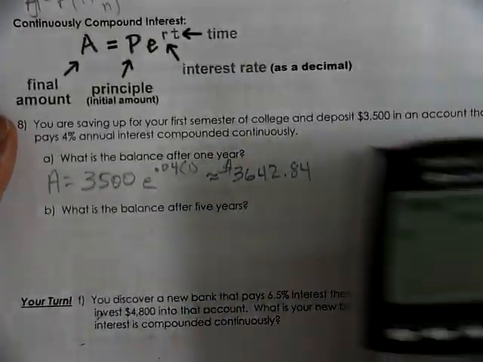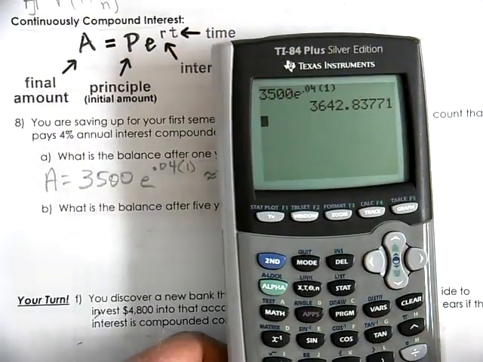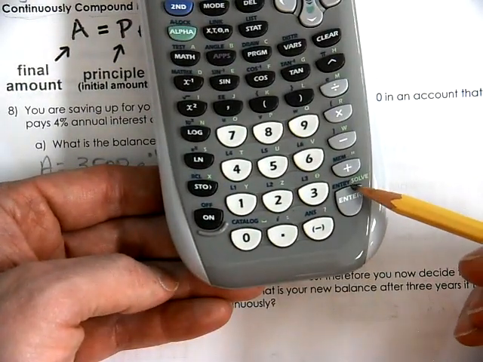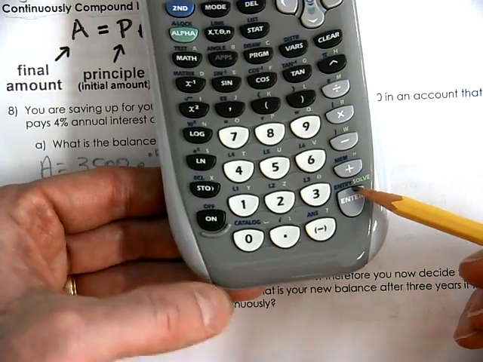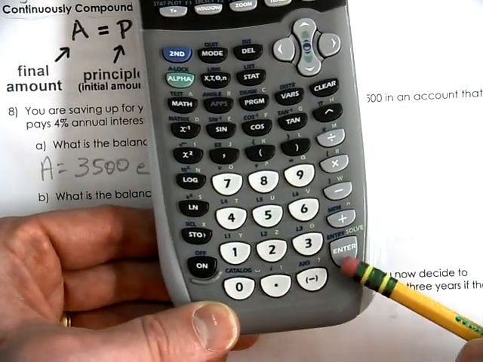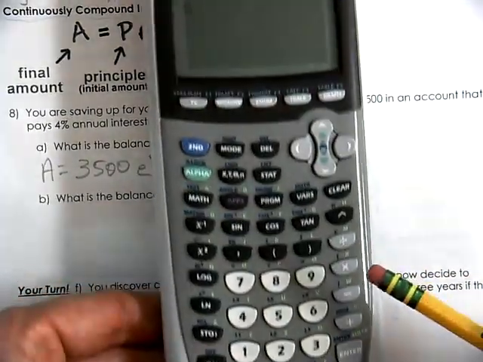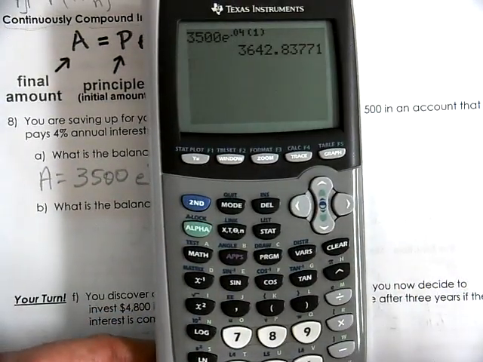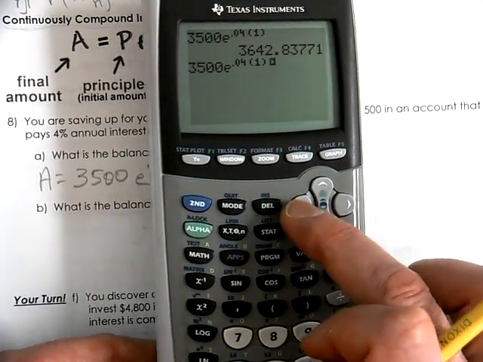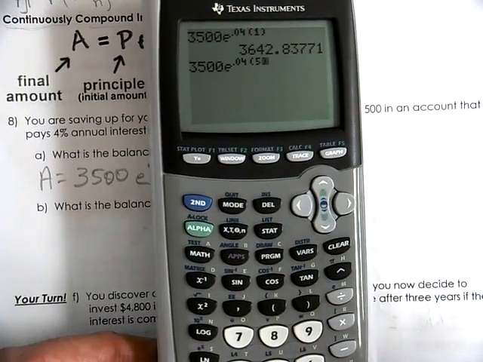Now we're going to do a balance of 5 years. So you can retype that, but let me show you something. Down here it says entry. What was your previous entry? So if we hit the second key and enter, which gives you the entry, you're going to see that it brings up the previous thing that you typed in. So then you can come on over and just turn that into a 5.